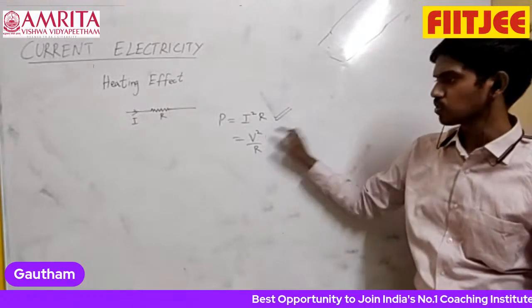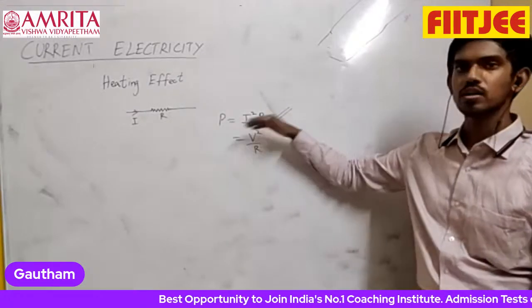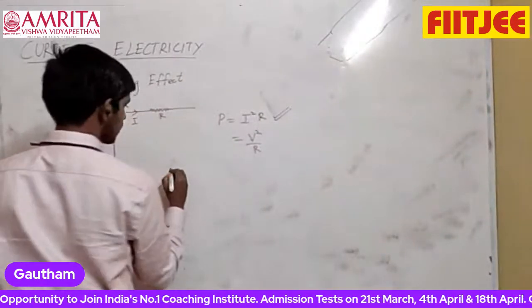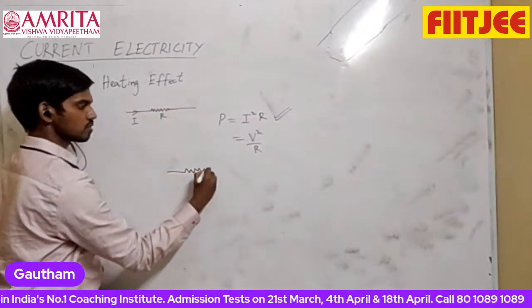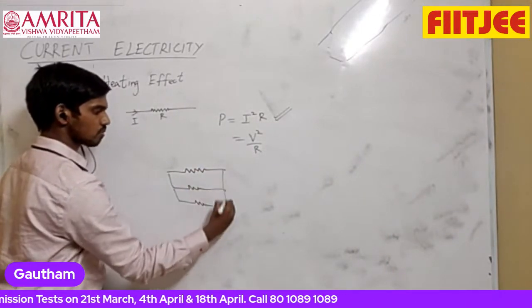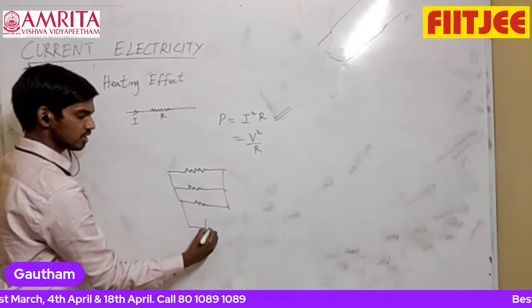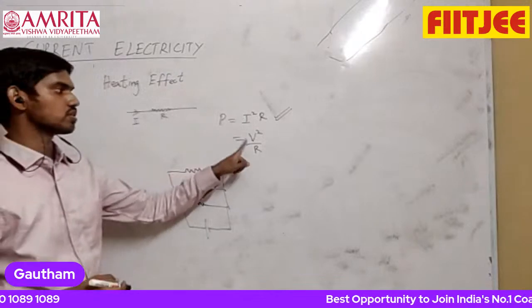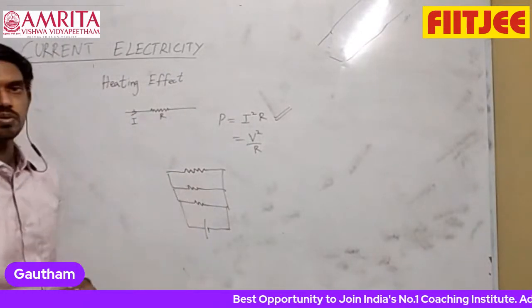Only one scenario where you can use V square by R is when you have multiple resistors in parallel combination. R1, R2, R3, everything is connected in a direct parallel combination circuit. Then alone you can go with this, because everywhere V is the voltage drop.